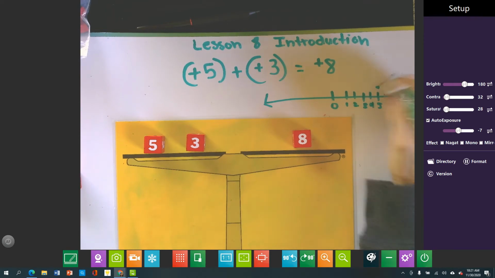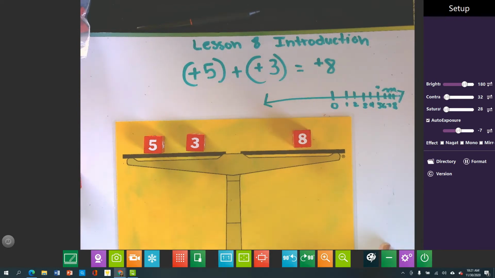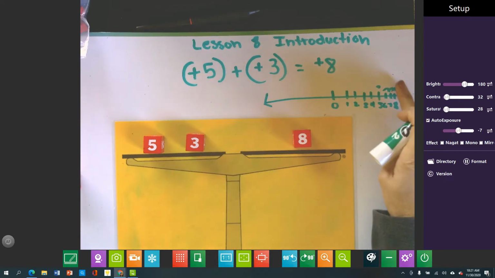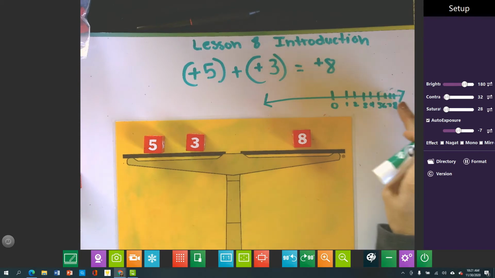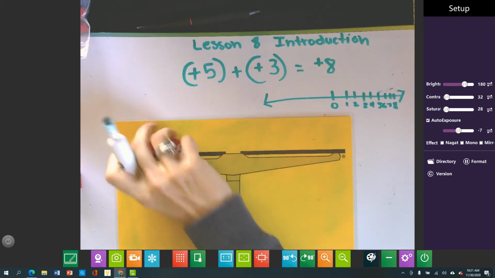We started out here and we went up 3. 1, 2, 3. That gives us 8. 6, 7, 8. Let me show you another one.